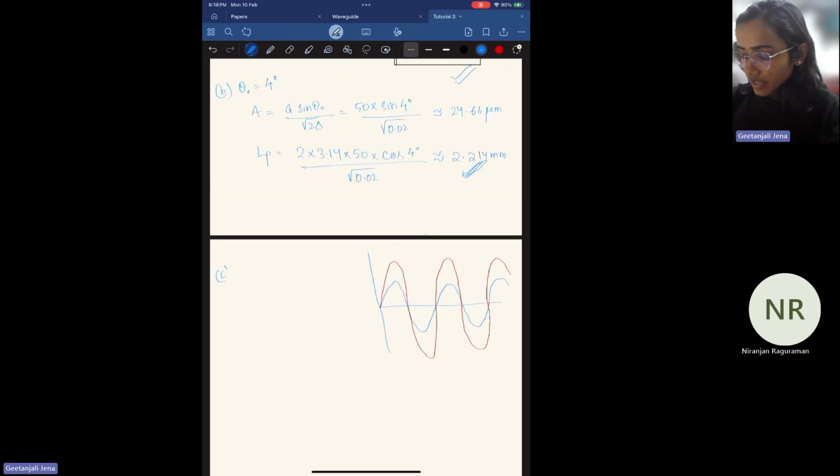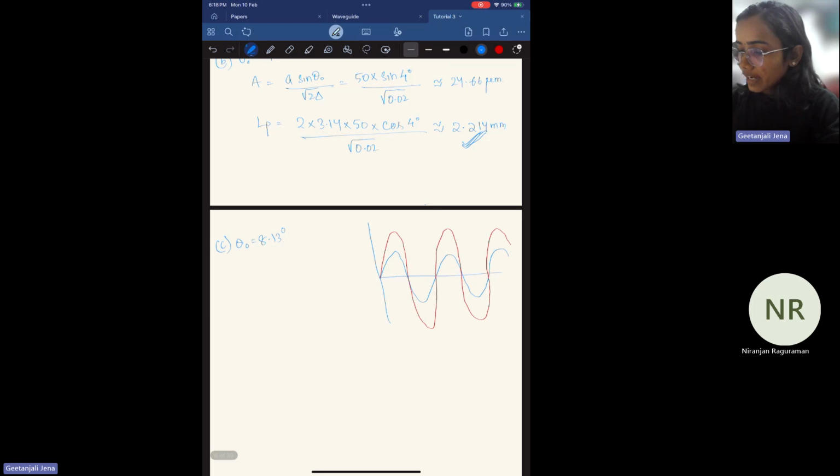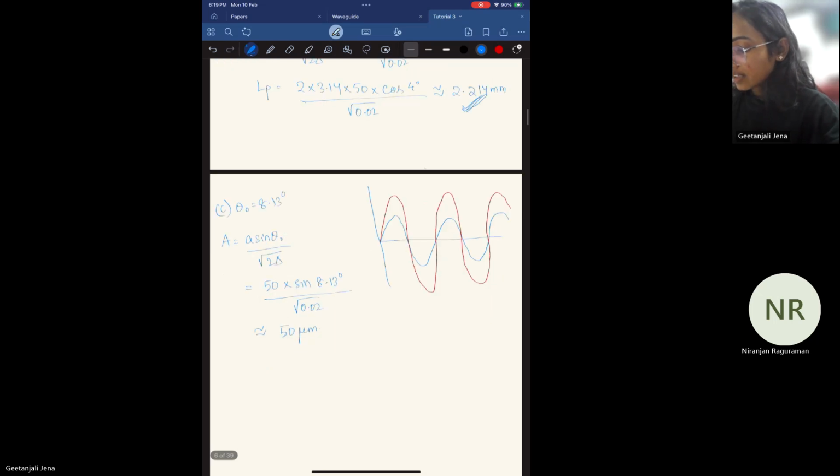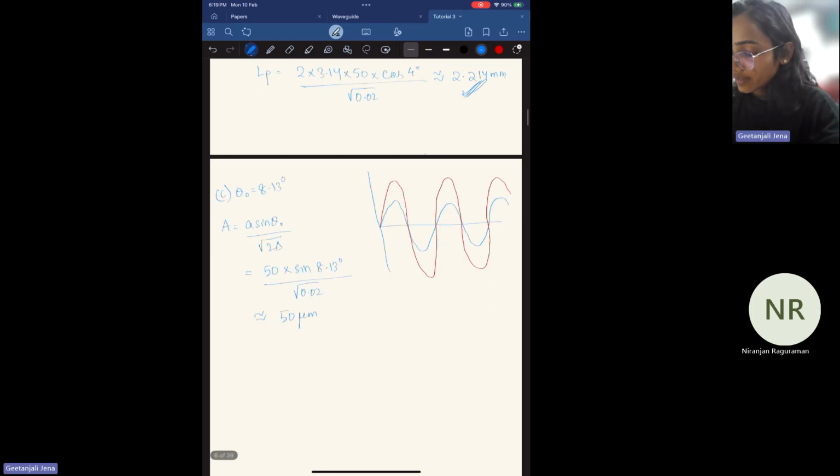So let us see what we have for theta 0 is 8.13 degree. A is A sine theta 0 over root over of 2 delta. A is 50 micrometers sine 8.13 over root over of 0.02, and this will come around 50 micrometer, almost 50 micrometer.